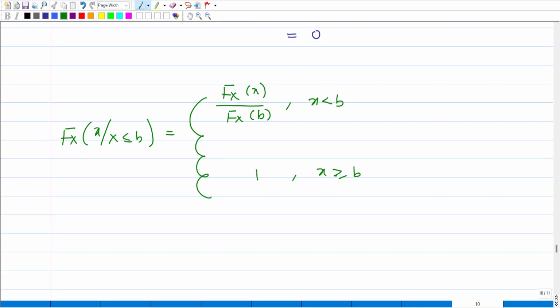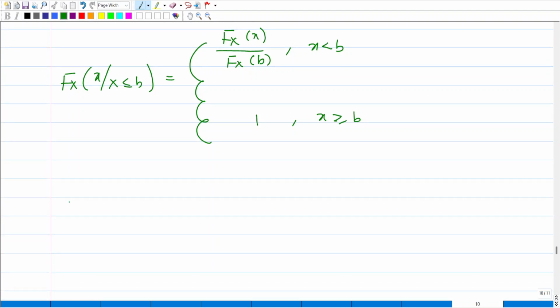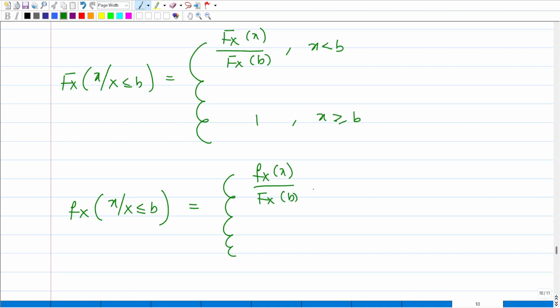And the conditional density function of x given x less than or equal to small b is small fx of x by capital Fx of b for x less than b and 0 for x greater than or equal to b.